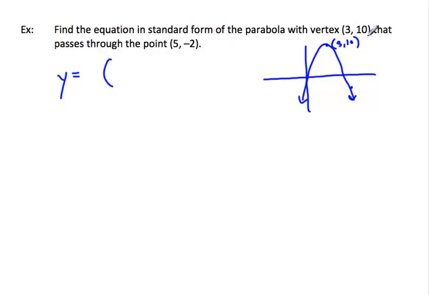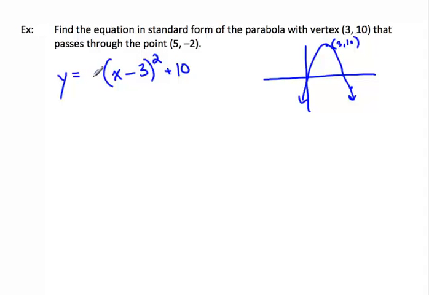Remember the vertex of our parent function parabola y equals x squared is at the origin. So I've had to move 3 to the right, so I replace x with x minus 3 squared, and I've had to move 10 up, so I have plus 10 at the end. So this is a parabola with vertical stretch factor 1 that has vertex (3, 10).